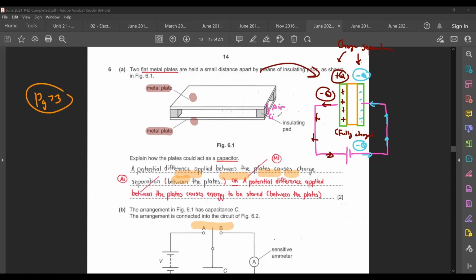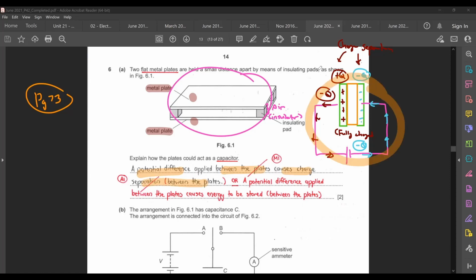This is actually something like your dielectric insulator. So structure-wise, this is similar to your parallel plate capacitor. Okay, so how would it act as a capacitor? You would word your answer in a manner similar to this. Okay, you would just say that if you were to apply a potential difference between the plates, it causes charge separation between the plates, like this situation here.